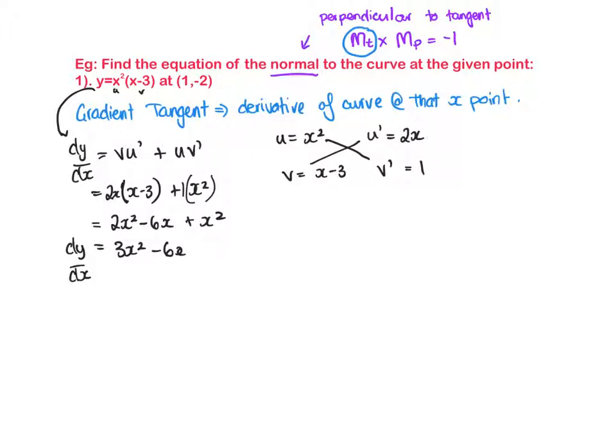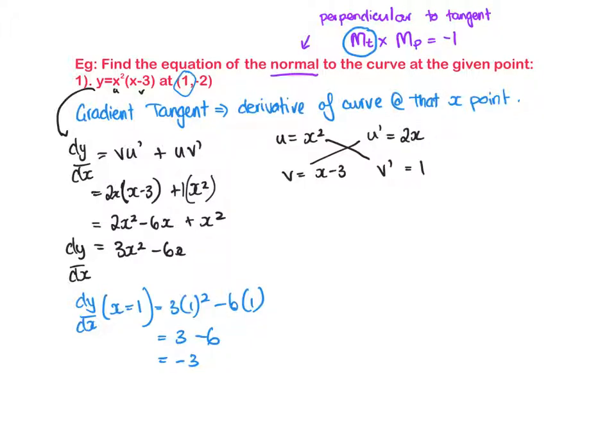So what I'm going to do now is, because I want the gradient of the tangent, dy/dx when x equals 1, because they said at the point when x equals 1. So I've got 3 times 1 squared minus 6 times 1, which would be 3 minus 6, which equals -3.